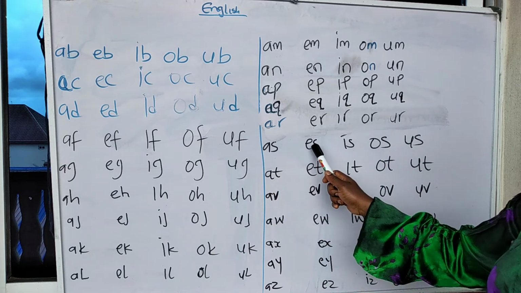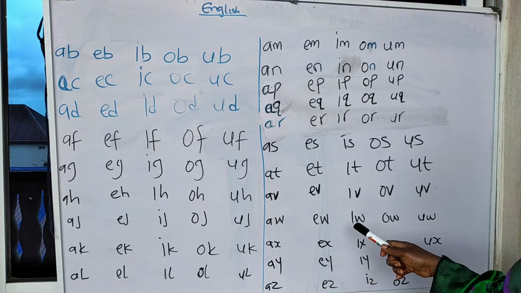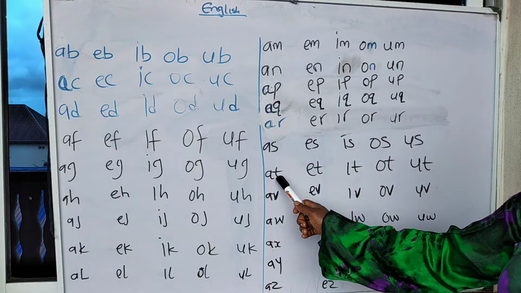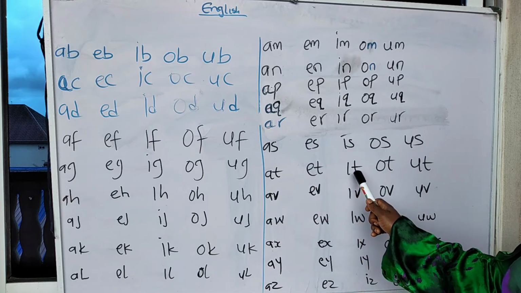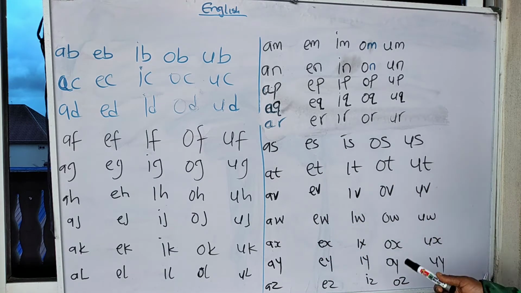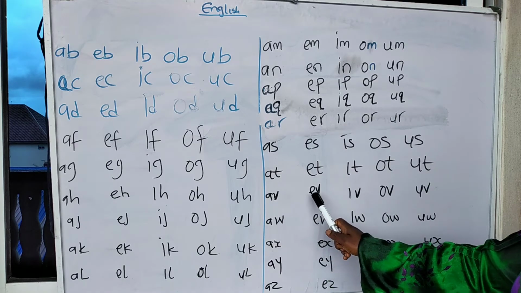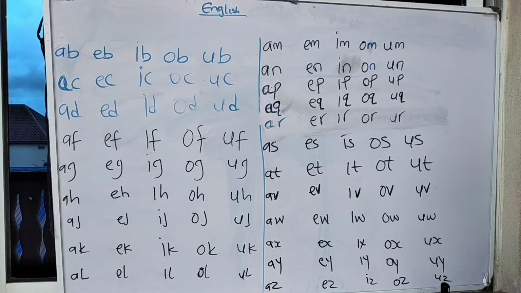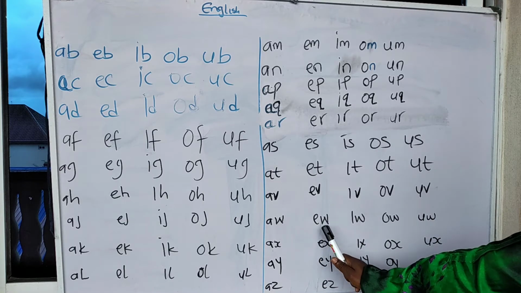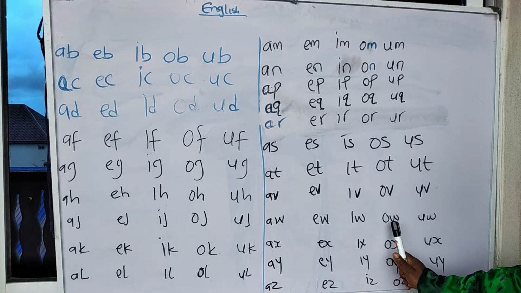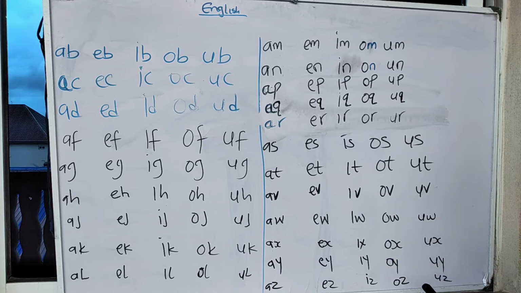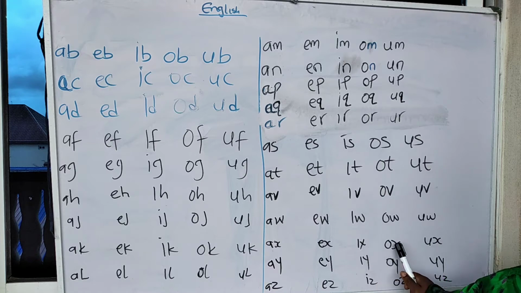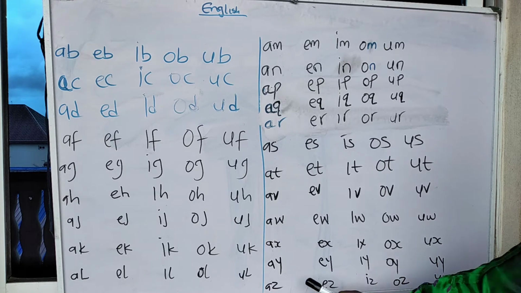as, es, is, os, us. at, et, it, ot, ut. Af, ef, if, of, uf. Aw, ew, iw, ow, uw. Ax, ex, ix, ox, ux.